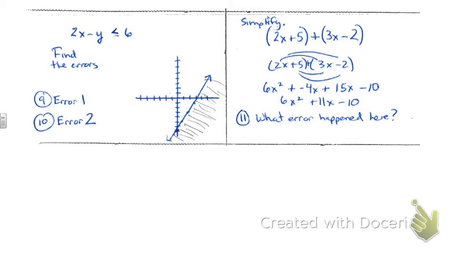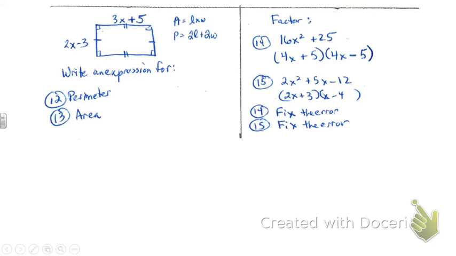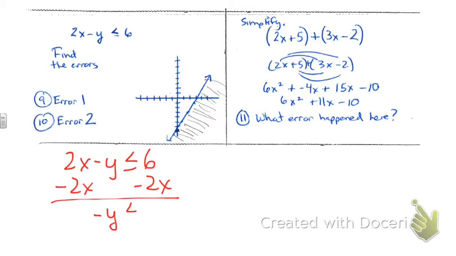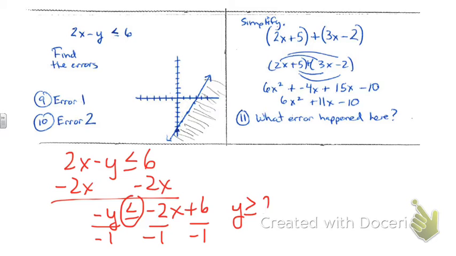Again, find the errors. When you find the errors, you tend to do a little higher level thinking. So that's why we have this problem. So 2x minus y is less than or equal to 6. I'm going to subtract 2x. And then -y is less than or equal to -2x plus 6. I'm dividing everything by -1. So y, now this, because I divided by a negative, I have to change the inequality.